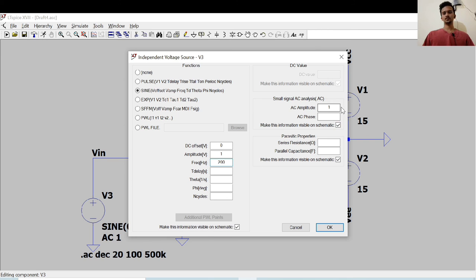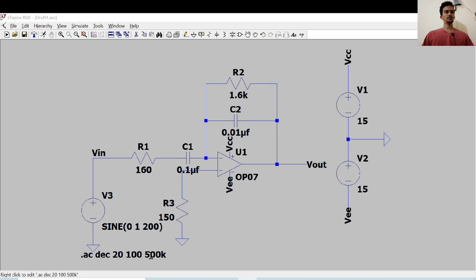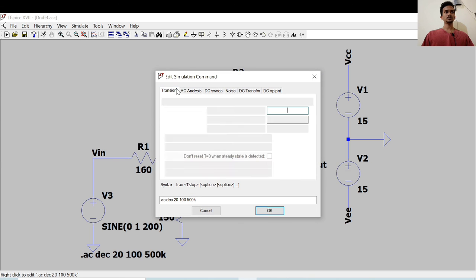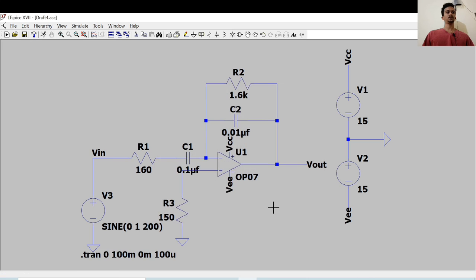Okay, this will be, you can see. So now this will be our transient response. So I will stop at 100 millisecond, start at 0 millisecond, and I will give a step of 100 microseconds. So okay, let's see now.